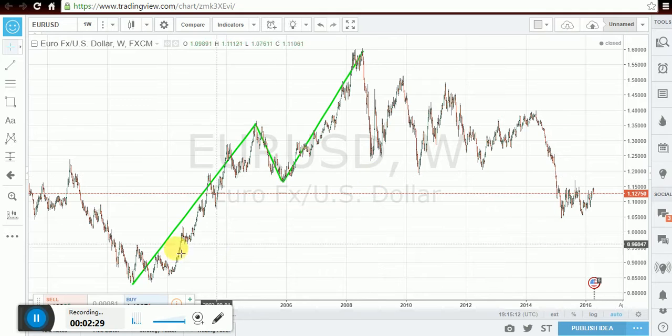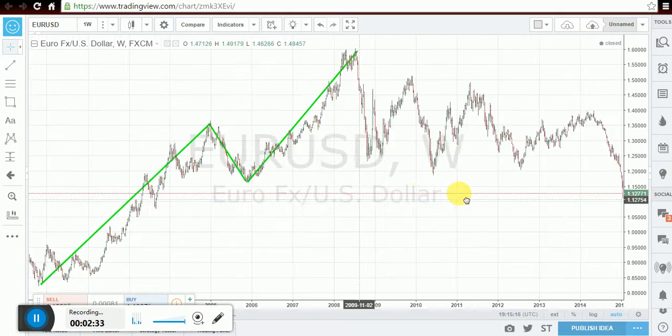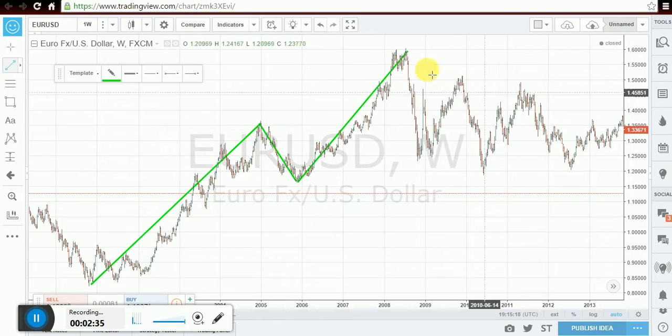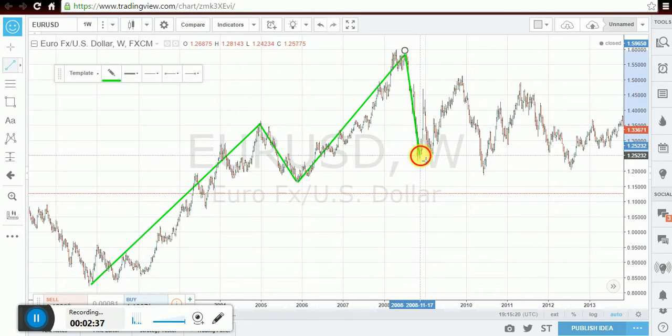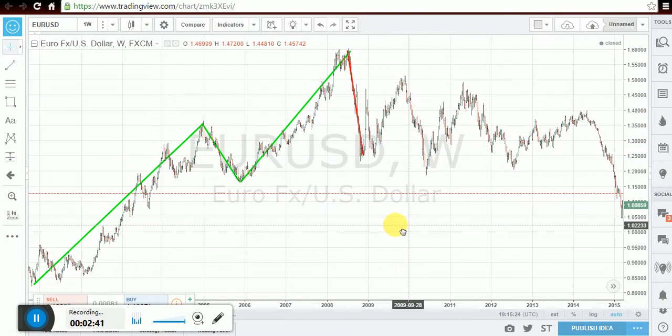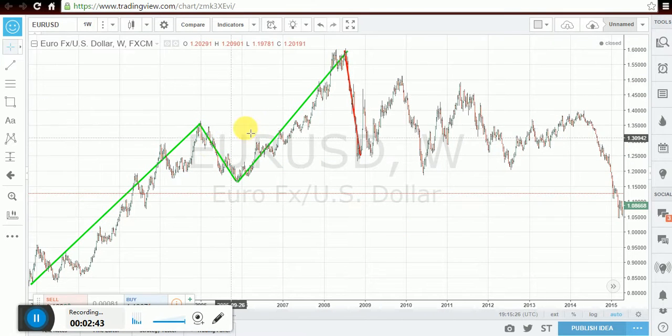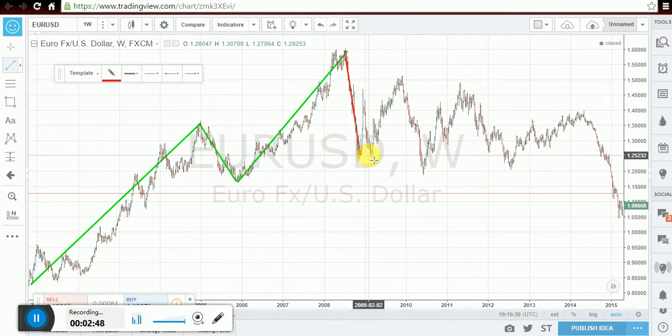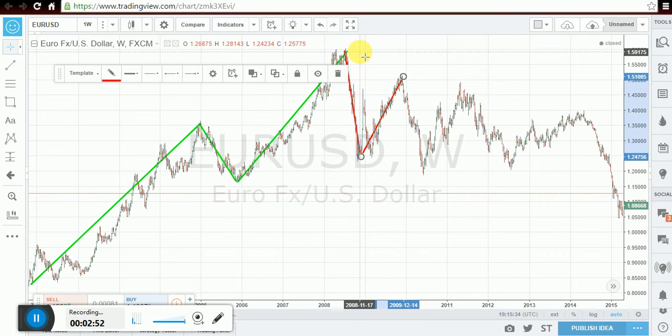Looking at this, the market formed a bullish structure, and then what did we see after that? We had a retracement. I'm going to change this color to red. So we had a retracement coming back into the previous structure. Look left, and then the market rallied, but we did not create a new structure high.